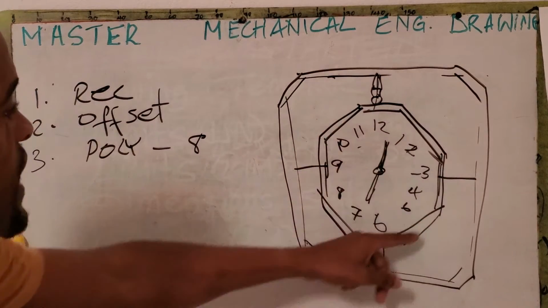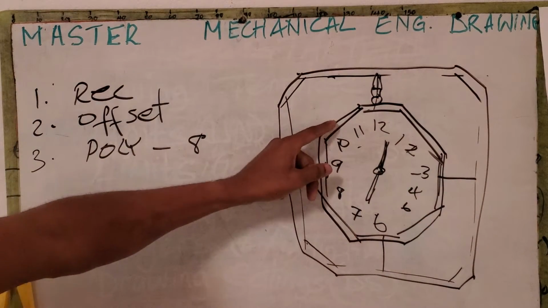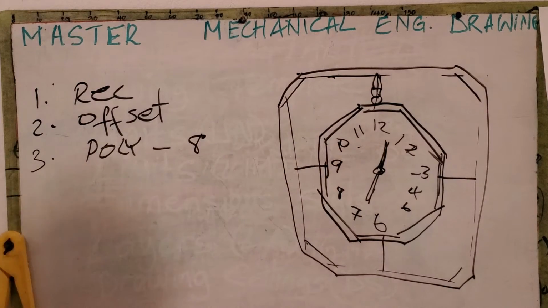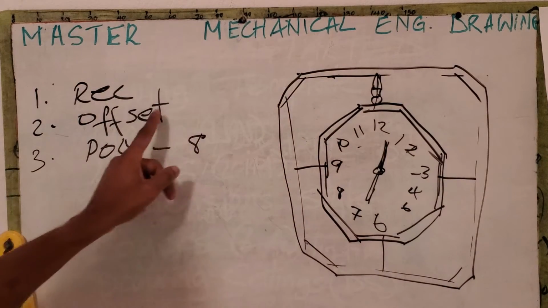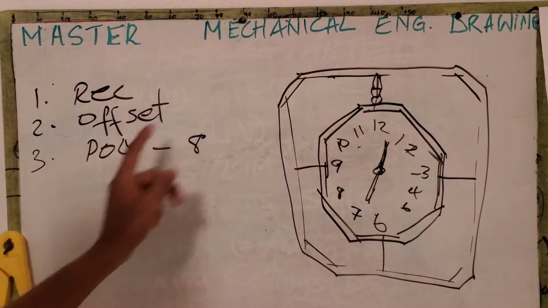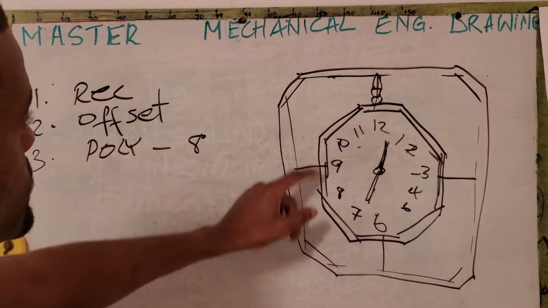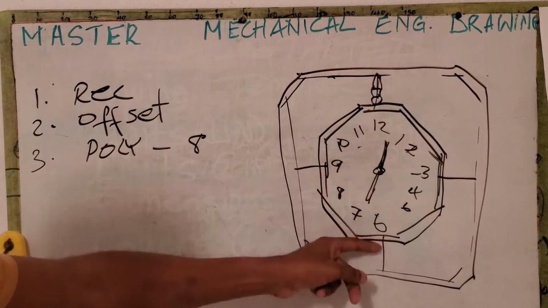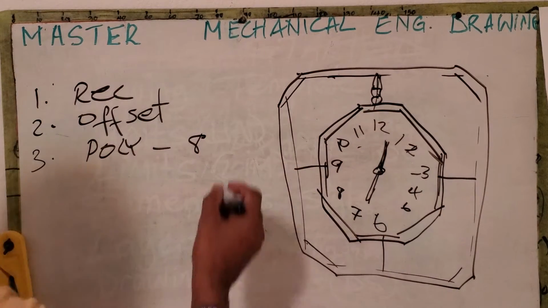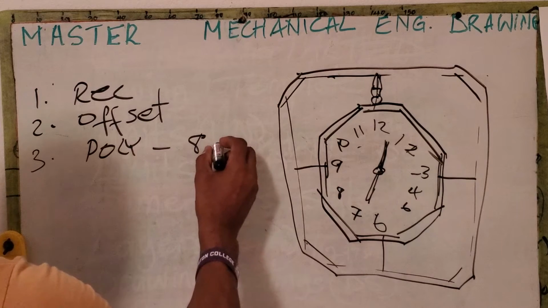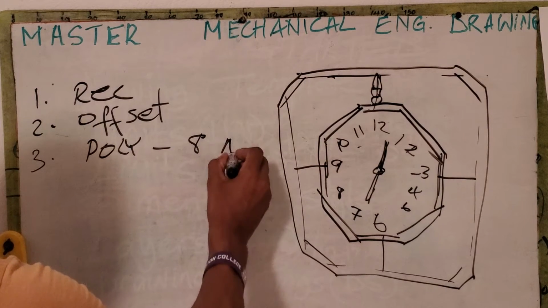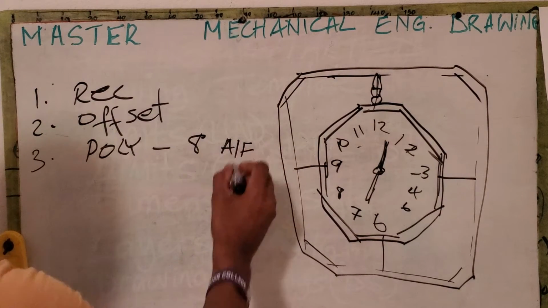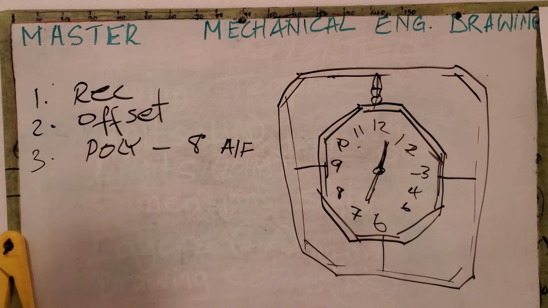So that would compensate for this. Of course, we would also offset that. So this part is done. Offset will get us that. Polygon will give us this, 8 sides. We would need to establish the area across flat, AF.